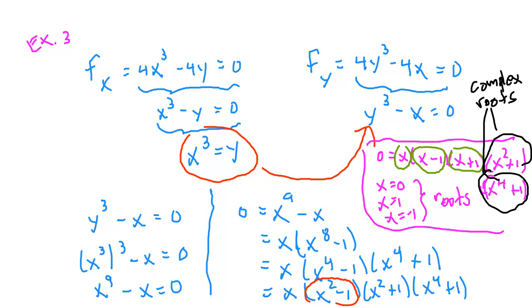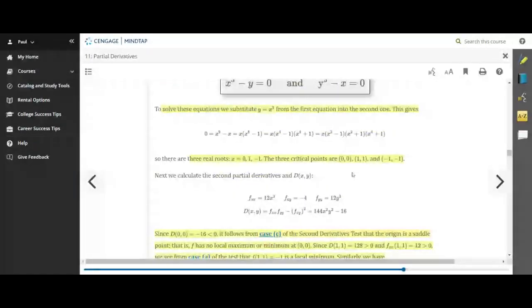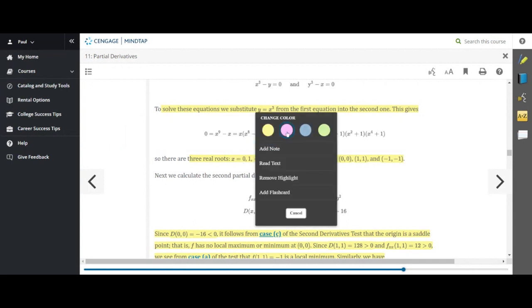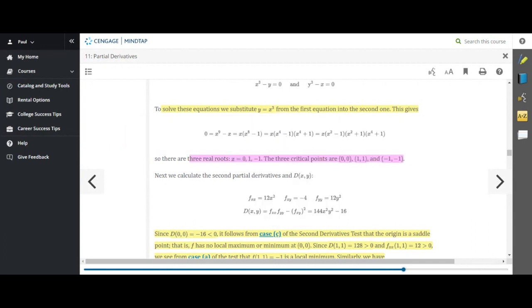Okay, so far so good. All right, so let me go back to the problem then. Again, here's what I showed you on the whiteboard: solving this equation, and then the three real roots, which are the ones we're interested in.